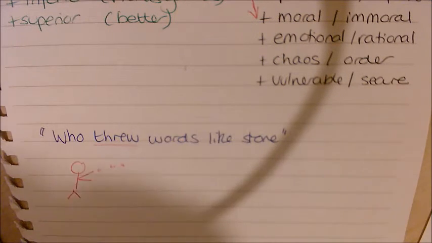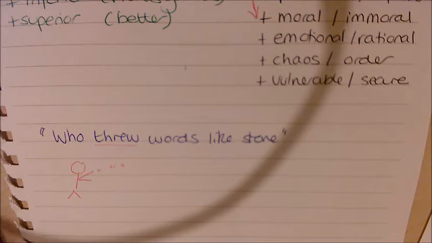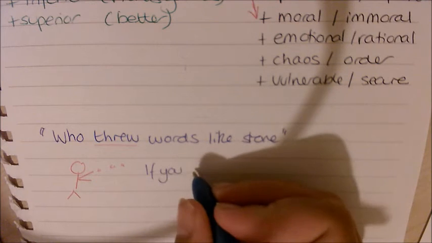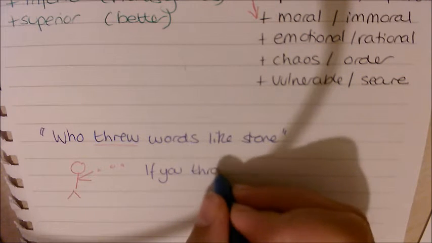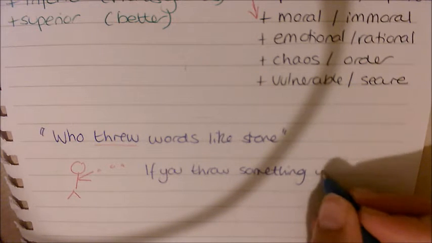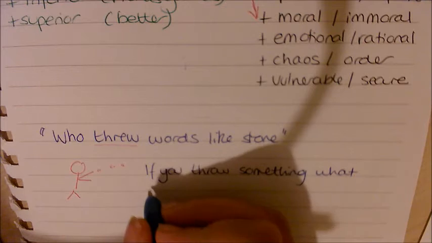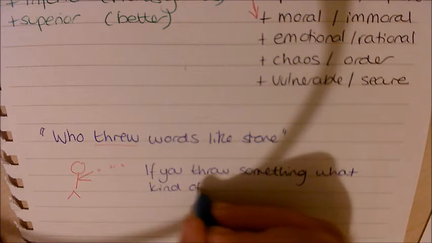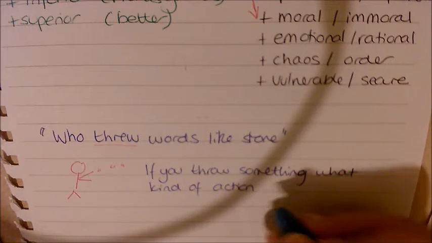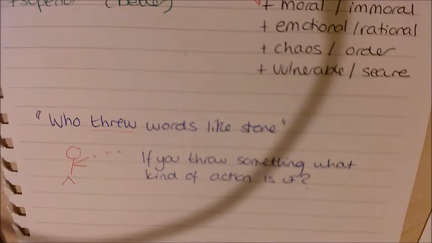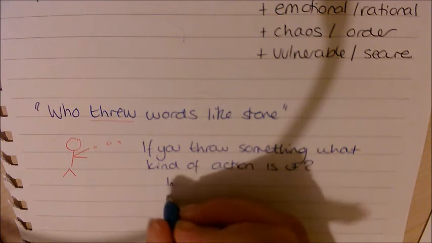If I'm throwing a shot put or I'm throwing a pen across the classroom, if you throw something, what kind of action is it? You're not dropping something, it's not an accident. If you throw something, it is very deliberate.